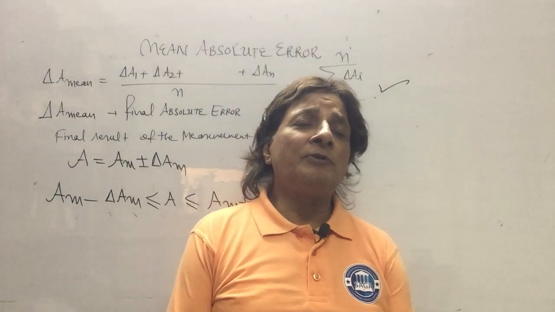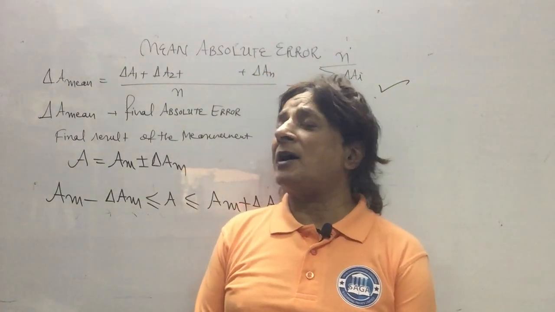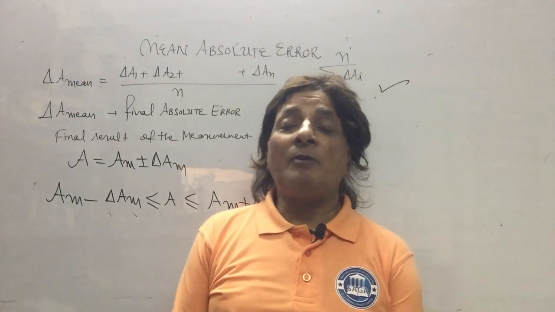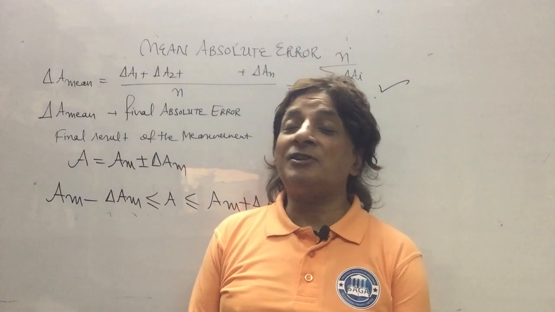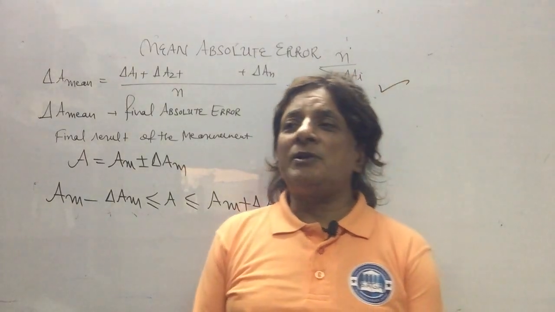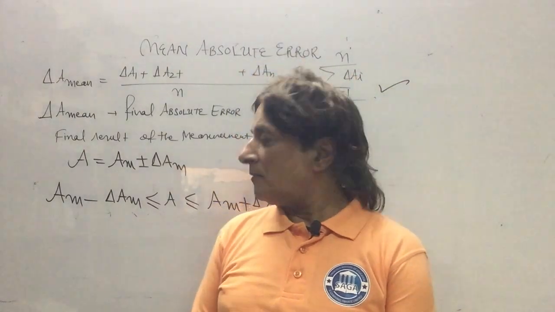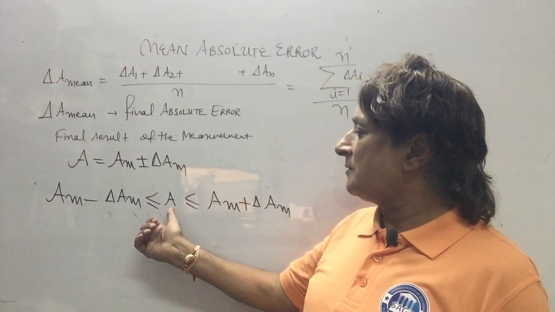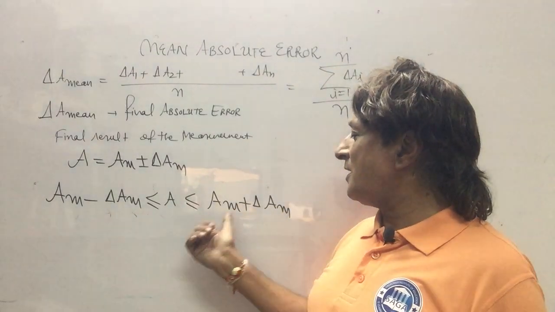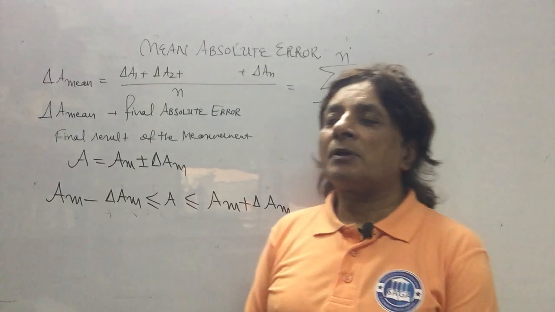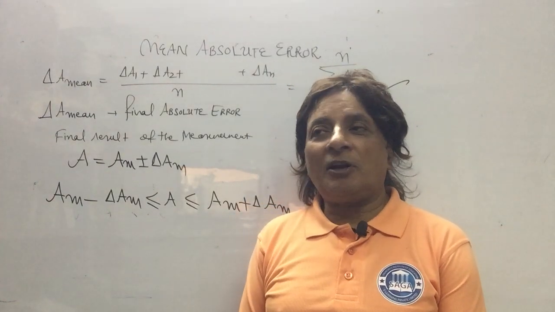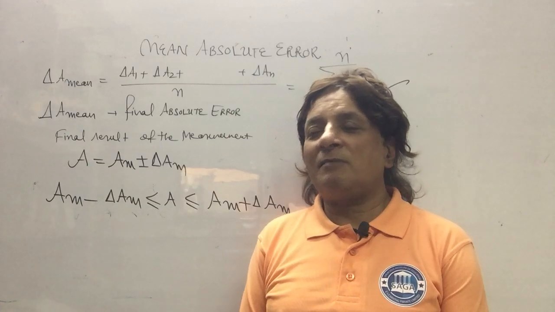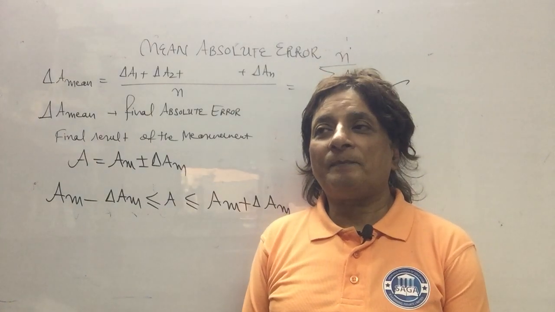What is absolute error? What is mean absolute error? And what will be the final result? That will be AM minus delta AM less than or equal to A, and this is less than or equal to AM plus delta AM. So this makes you crystal clear about what I have explained. Did you understand what I told you?